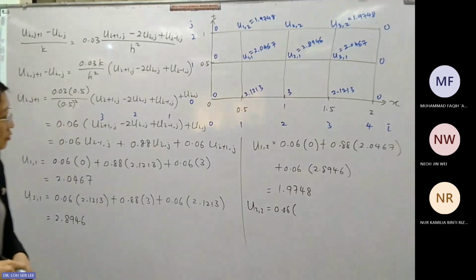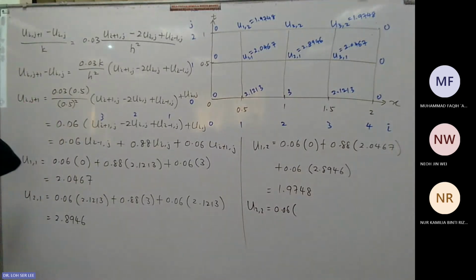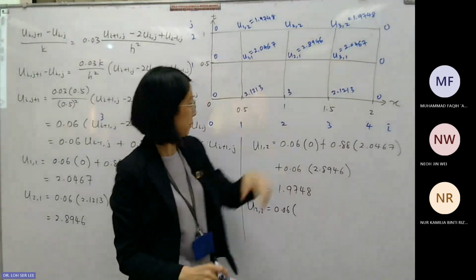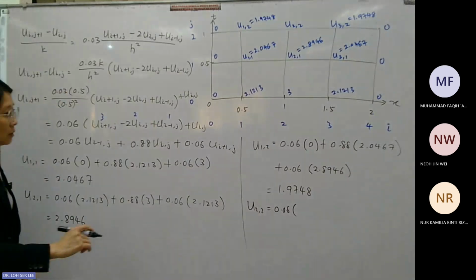Then the last one is U22. For U22, we use this 3.